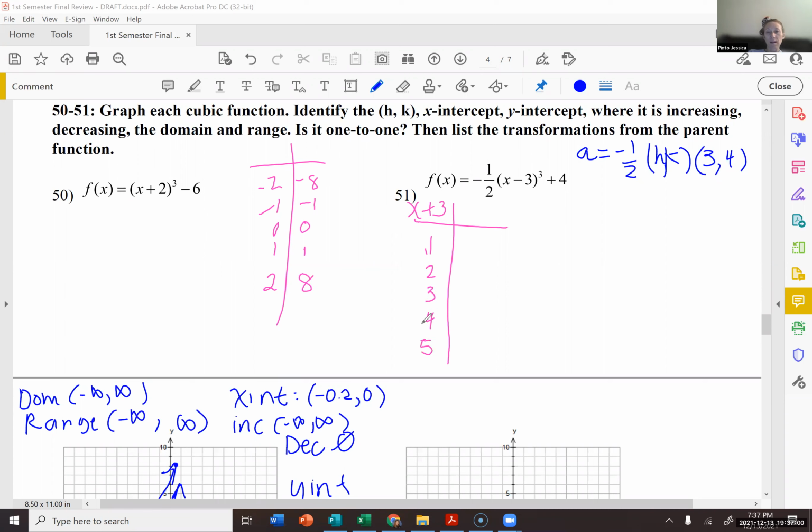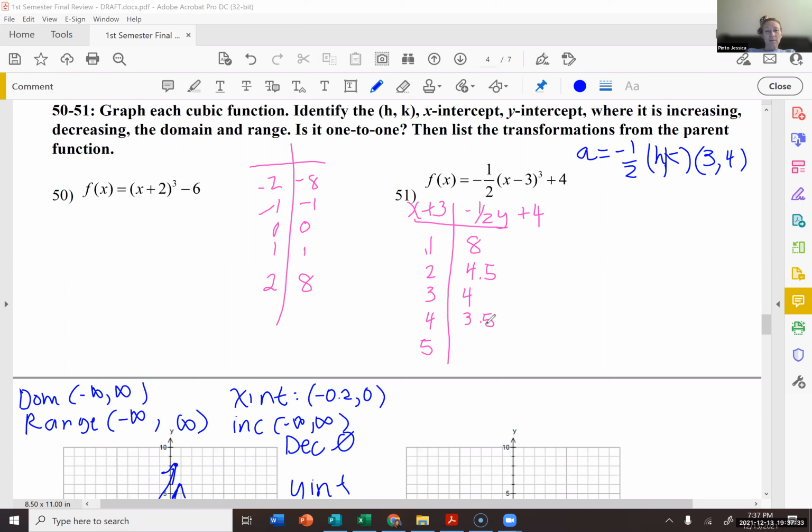Okay. And now I'm going to do -1/2 y plus 4. So negative, so that would make it +8. Half of 8 is 4. 4 plus 4 is 8. And then +1, when I multiply by negative half, is -0.5 plus 4, 3.5.